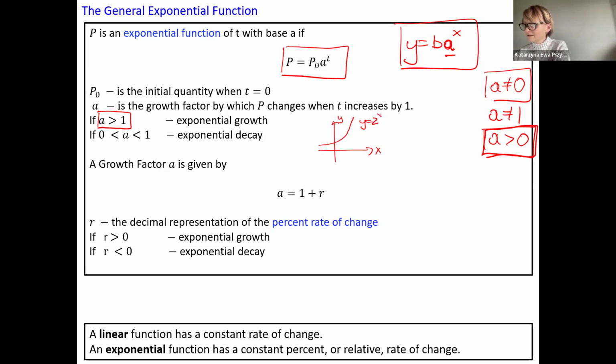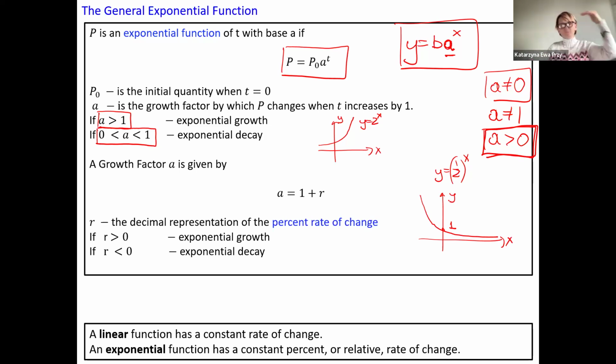If the base of that exponential function is less than 1, but still positive, for instance 1/2 to the power of x, then we have decreasing, then we have decay. The model looks like this. That means it's growth if the base is greater than 1, or decay if the base is less than 1. It's also the growing population.